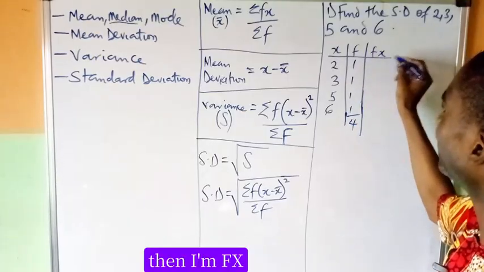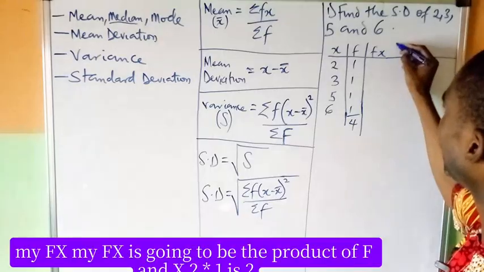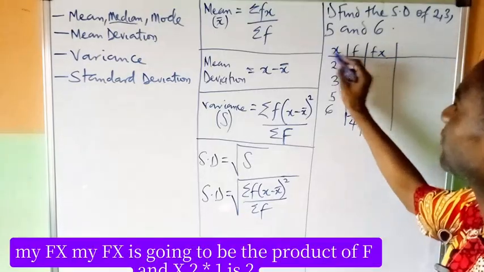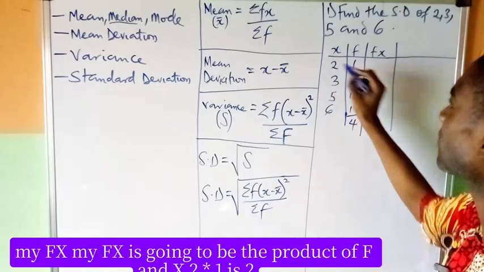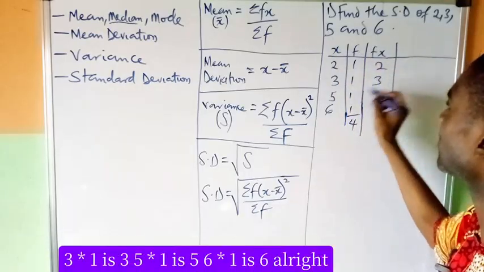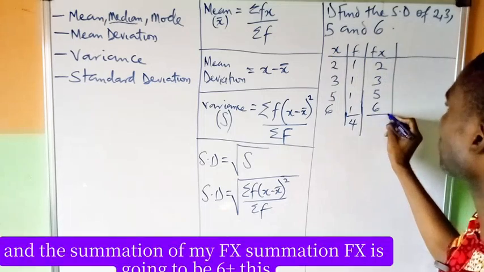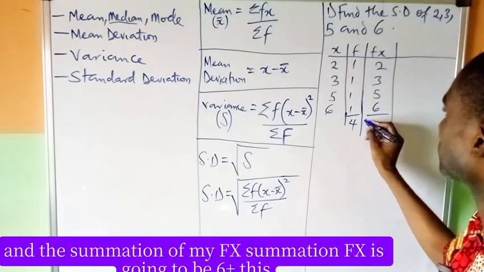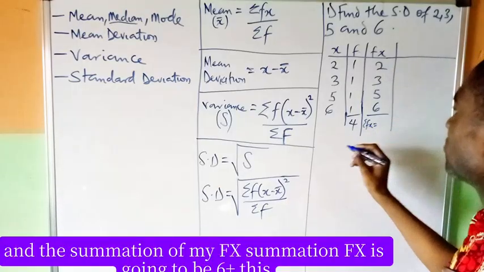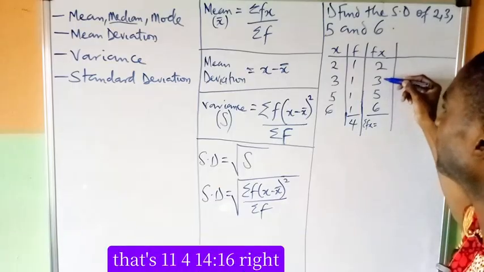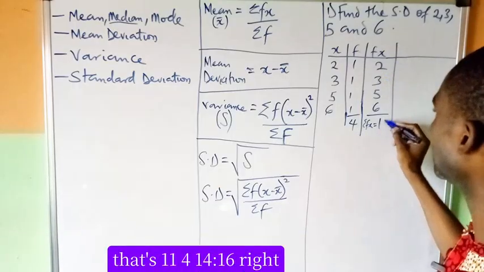Then my fx is the product of f and x: 2 times 1 is 2, 3 times 1 is 3, 5 times 1 is 5, 6 times 1 is 6. The summation of fx is 6 plus this, that's 11, 14, 16.